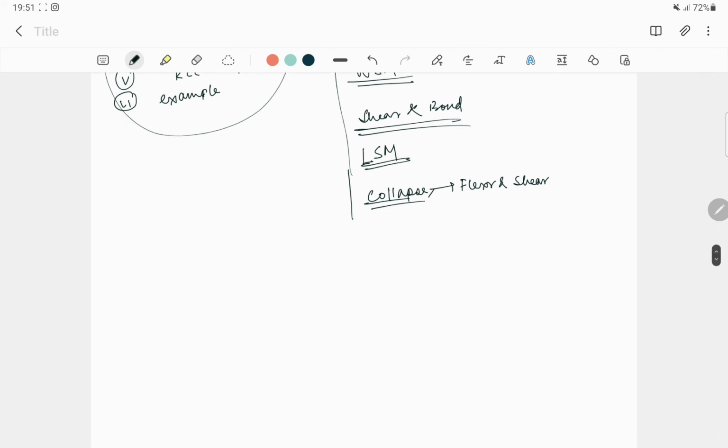Then we start the analysis part. Here we talk about beams: single reinforced beam, double reinforced beam, T beam, L beam.